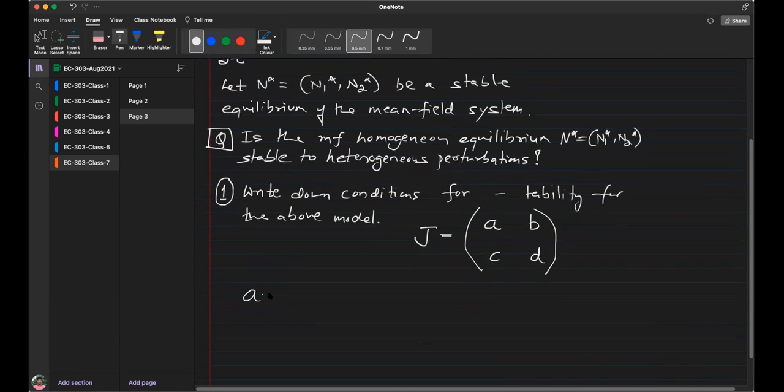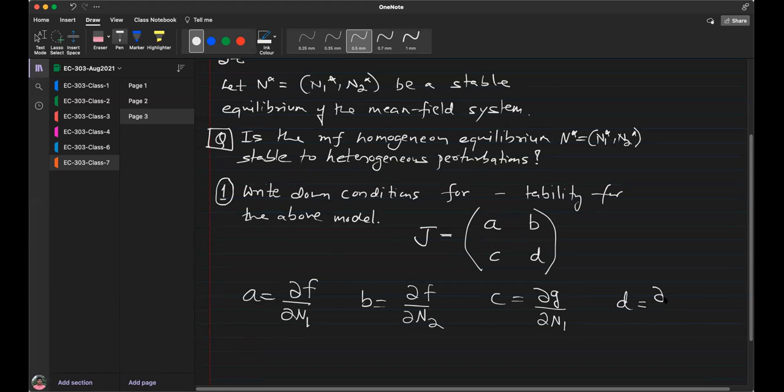A is equal to derivative of f with respect to n1, B is equal to derivative of f with respect to n2, C is equal to derivative of g with respect to n1, and D is the derivative of g with respect to n2. I think in the previous class I wrote f1 and f2, and this class I'm writing f and g, but you must feel comfortable with my notation changes.